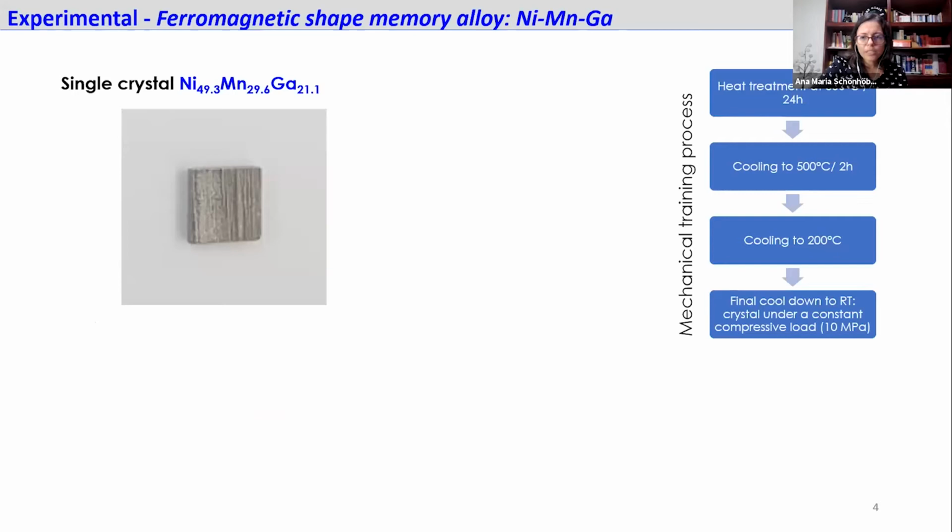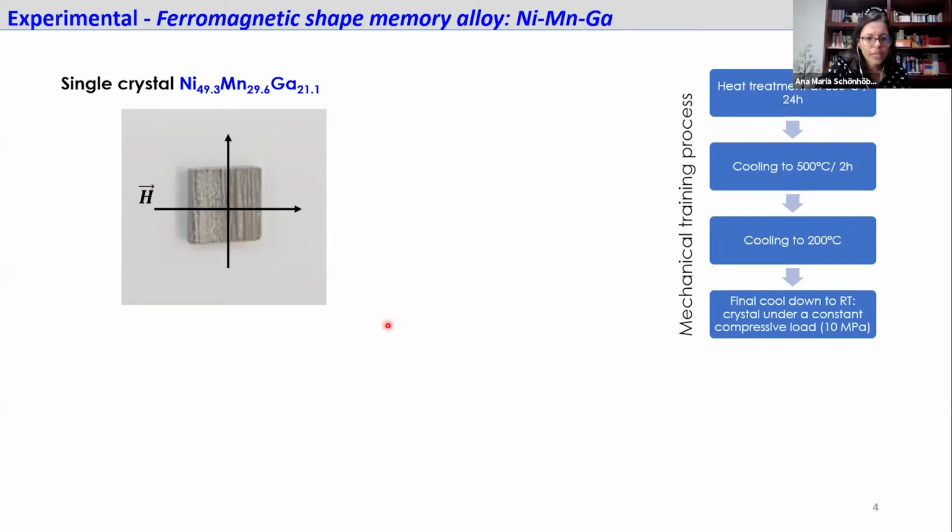We start with the mechanical training of the nickel manganese gallium single crystal, and we followed the route that you can see here. After that, we cut a piece, which you can observe in the photo, and we applied a magnetic field parallel and perpendicular to these lines, which are the twins.